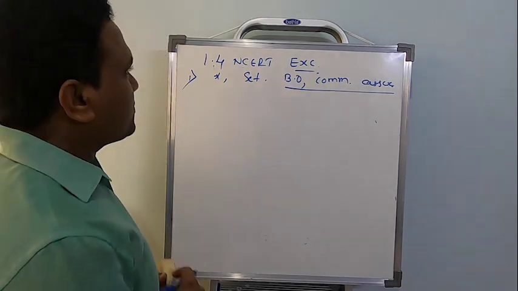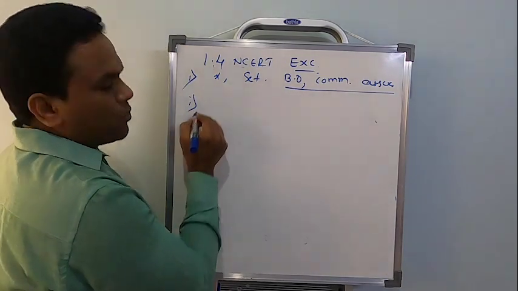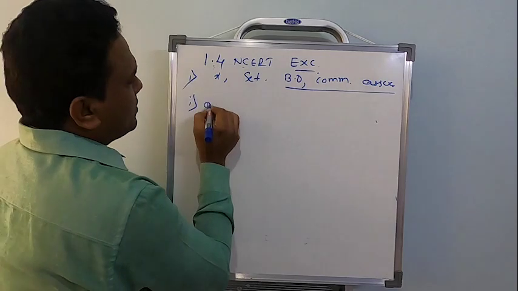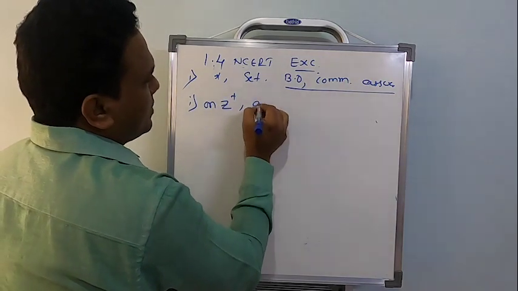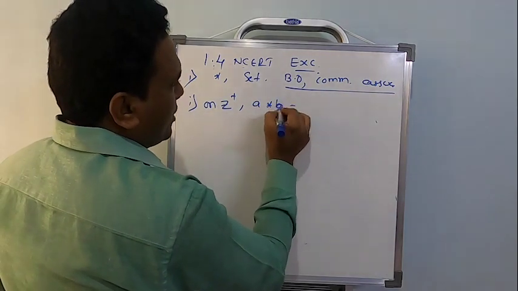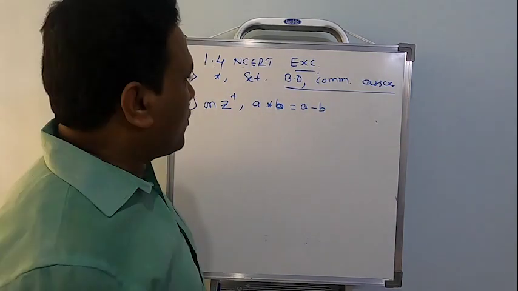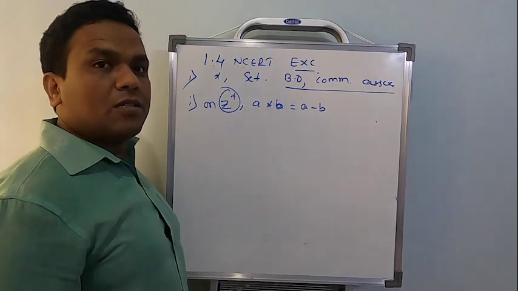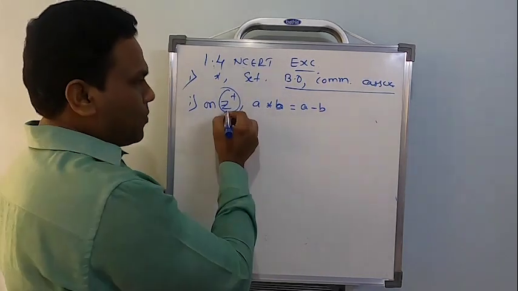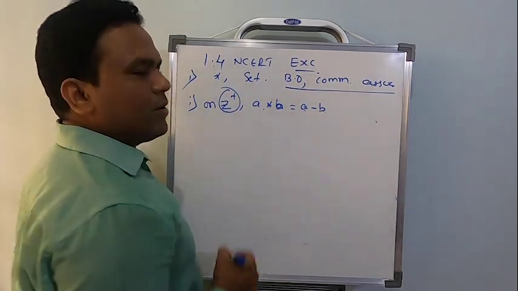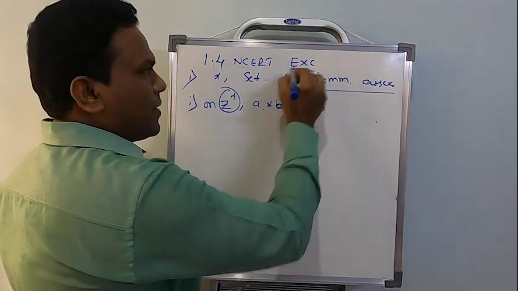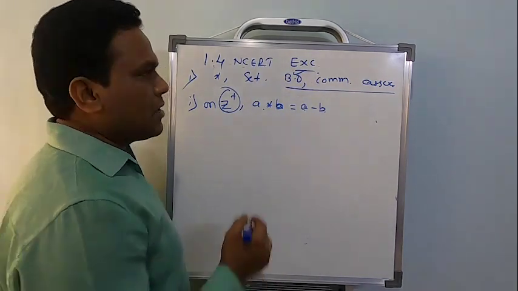To do this, let me take the first problem. On Z plus, A star B equals A minus B. Z plus stands for the set of all positive integers. On the set of all positive integers, A star B equals A minus B. Check whether it's a binary operation, commutative and associative.